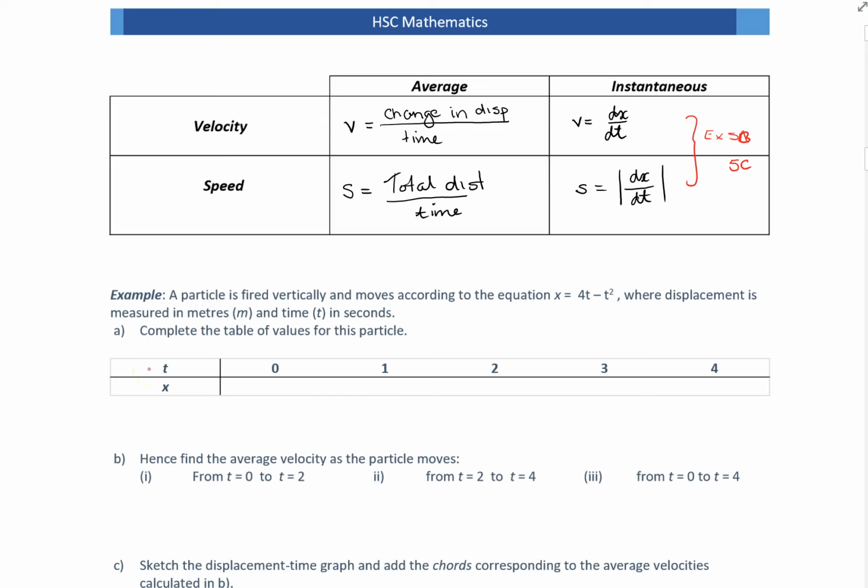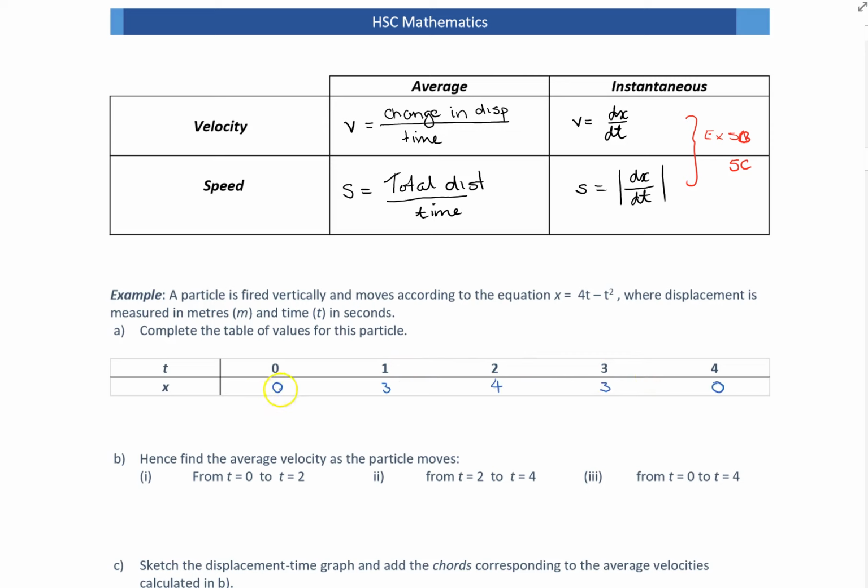So what it's asking you to do in part A is to complete the table for this particle. So let's do that now. Remember, the values we're putting in here are the displacement of this particle at these various times. I'll just pause the video and fill that out.